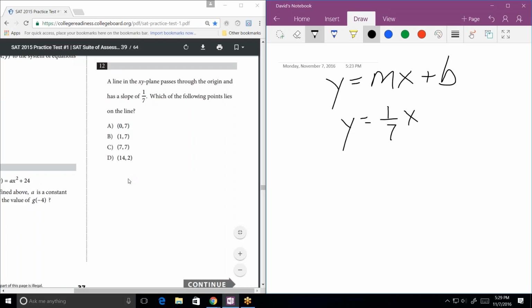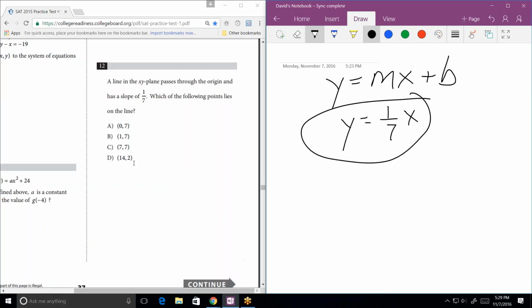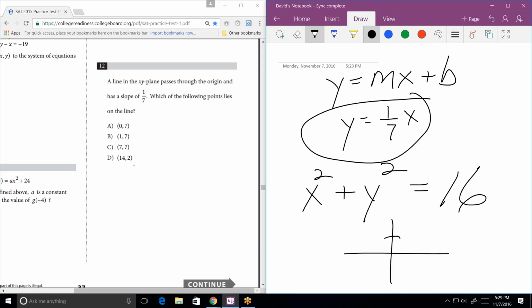When x is 14, y should be 2. So whenever they're asking which of these points is on this equation, it has to satisfy the x and the y. If I gave you a point, and that's the equation of a circle, and I asked whether it is on the circumference, the circle has a radius of 4.